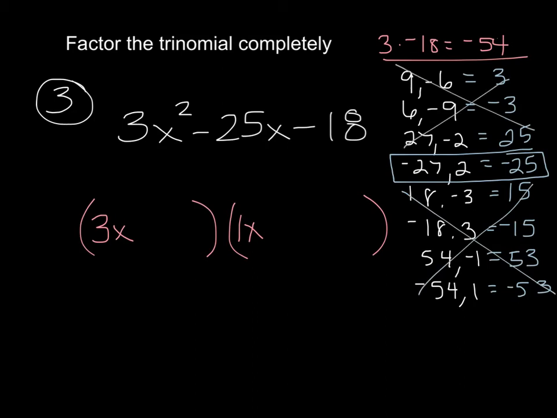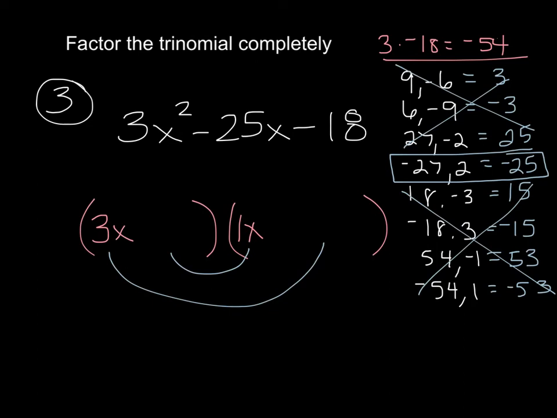Okay, the only thing that's different here is when we multiply here and here, we want to make sure that one of those numbers is negative 27 and one is positive 2. Okay, well, you can't multiply 3 by anything over here to get a positive 2 down here on this line.